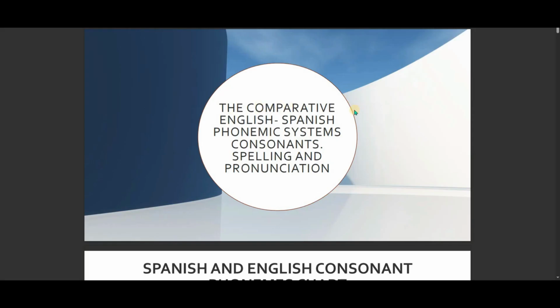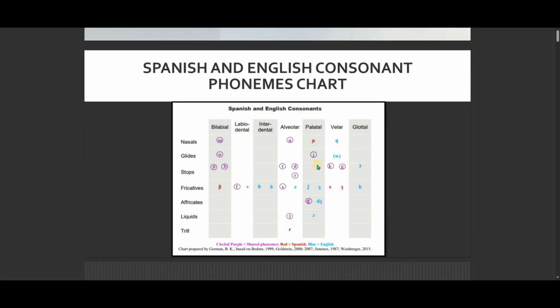So basically, this chart right here is the Spanish and English consonant phoneme charts, which you will also find in the FAUSAC platform. I'm going to upload it right there.